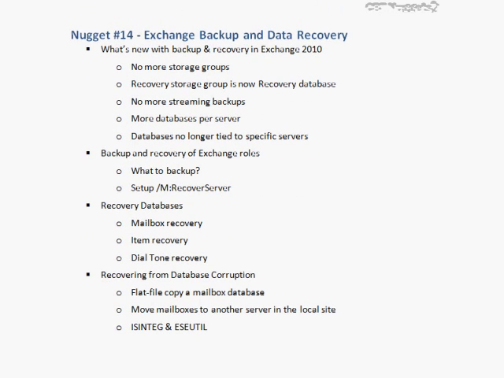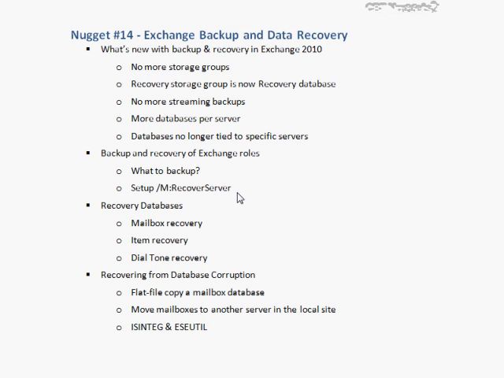That being said, there are a number of topics that we still do have to talk about with Exchange backup and data recovery. Interestingly enough, when it comes to the Exchange configuration information, the vast majority of that information is actually stored not on the Exchange server, but in your Active Directory. And so the setup file on the DVD media includes a Recover Server switch.